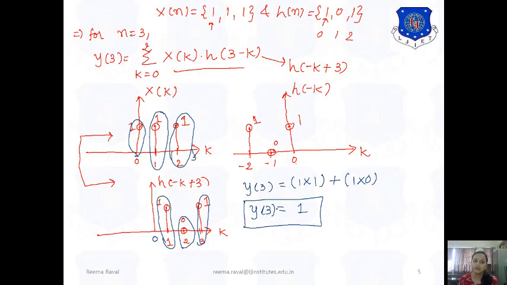Similarly, now we will find the value of y of 4, and we can shift it by one position from the h of minus k plus 3, or else we can shift by 4 instances from h of minus k.